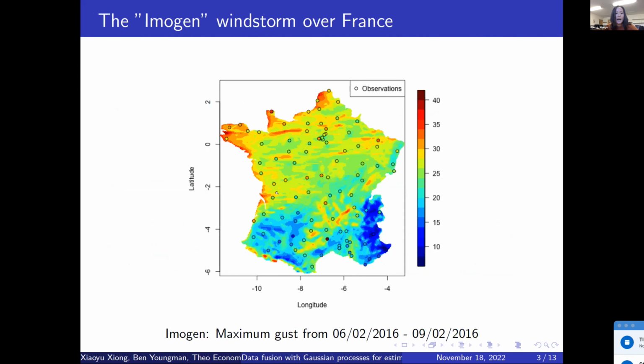This picture shows an example of a windstorm event. This shows the observations denoted by the circles, and in the background is the climate model output for the Imogen windstorm over France. The color indicates the intensity of this windstorm event.